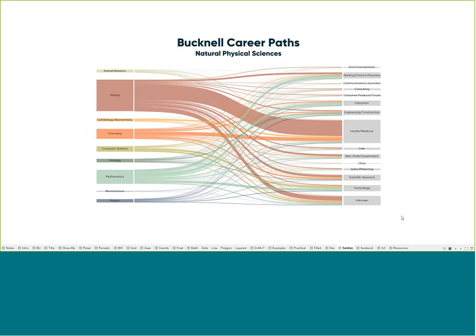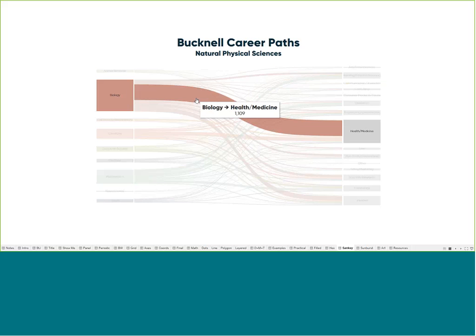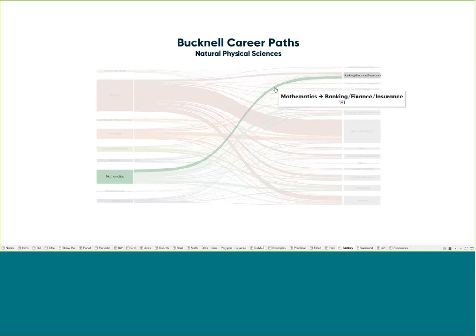All right. So it shows the students' majors, and then at post-graduation, what their occupations were, what industries they ended up working in. So I think this is a really good example of a use case for a Sankey. You can see here, we can look at biology students and see how many went to healthcare and medicine. We can see which ones of our mathematics students went to banking and finance.